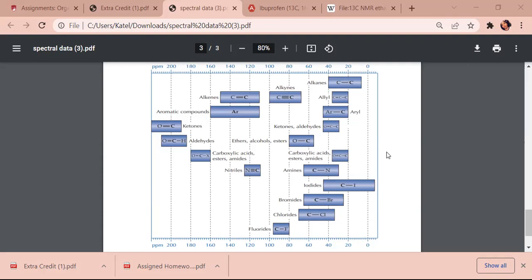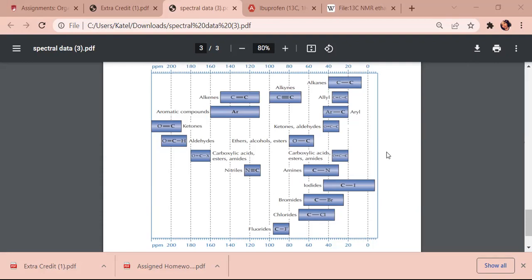But then since they're both CH2s, there's still only one carbon on there. So it would be 2 signals and they would each split into 2 because it's the doublet of doublets rule.